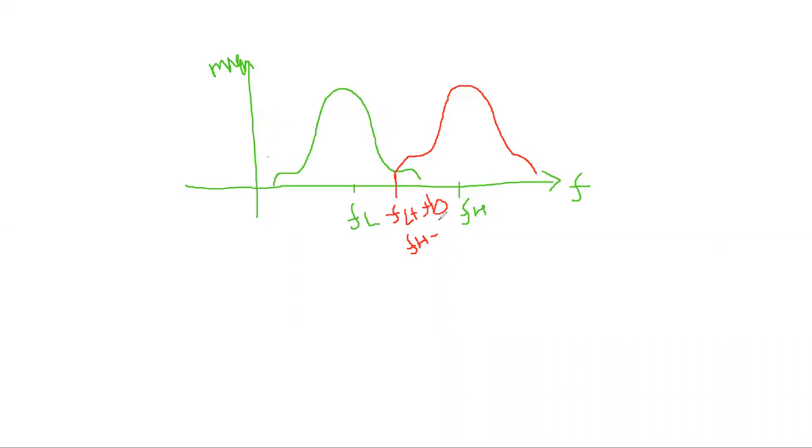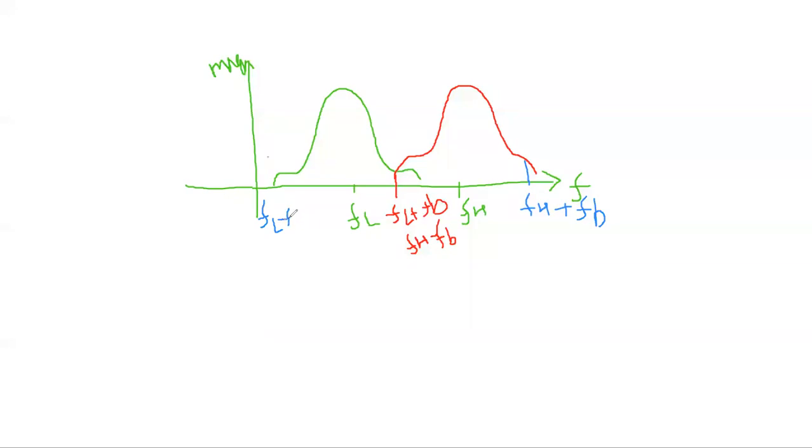Similarly, on the right hand side there will be a component FH plus FB, and on the left hand side of the lower frequency component it will be FL minus FB.